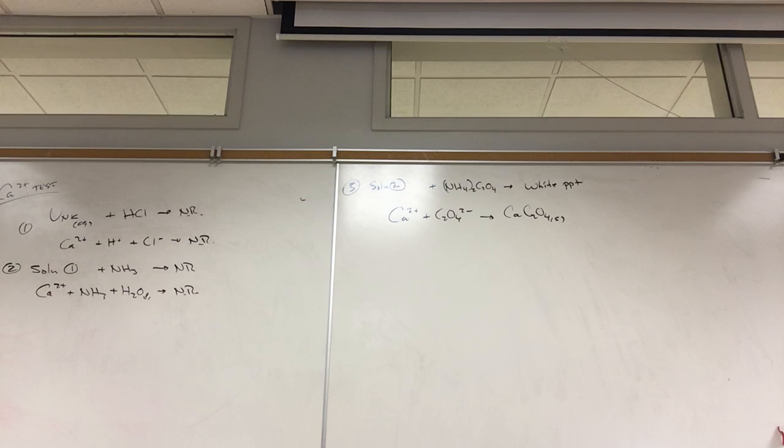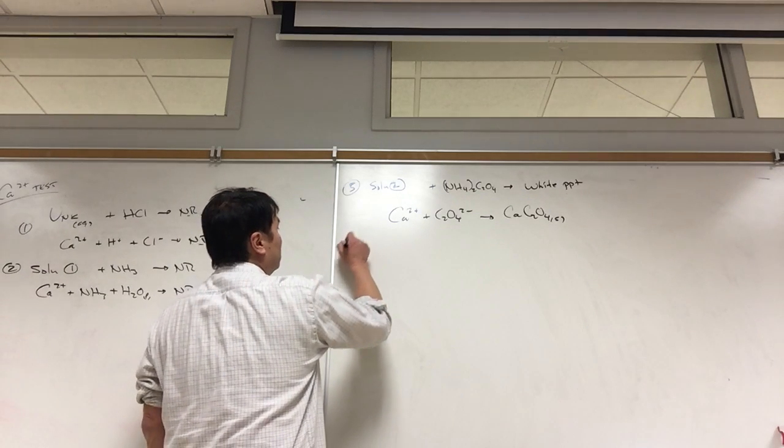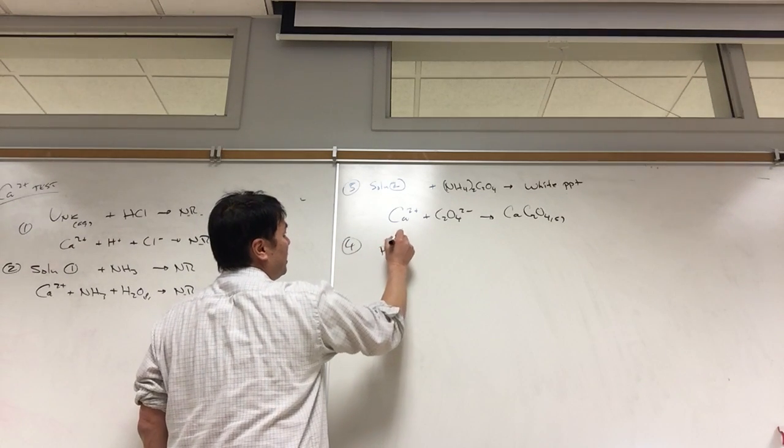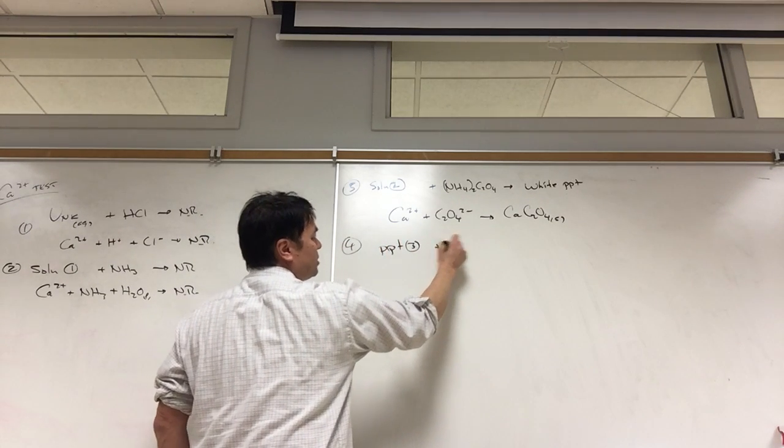Okay, and then what do we add? HCl? Okay. So 4, we'll take the precipitate from step 3 and then add HCl.